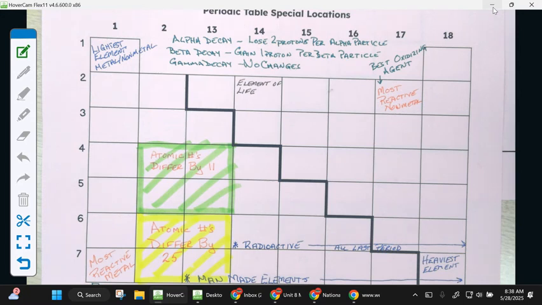Last thing, ladies and gentlemen. Years ago, when they were discovering elements, they would discover an element and it took some time to name them. So when they discovered an element and knew where it went on the periodic table, but had not yet named it, they used the prefix Eka, E-K-A.